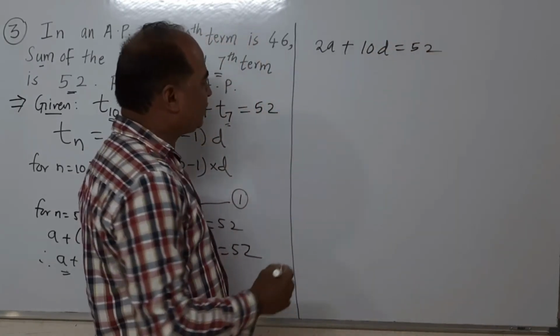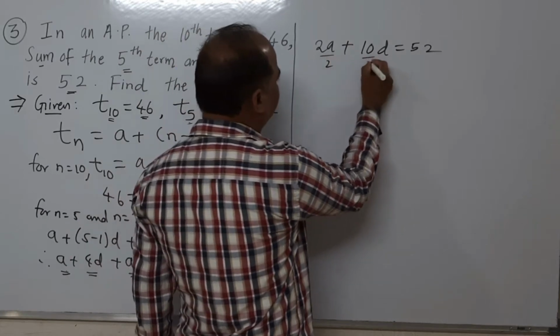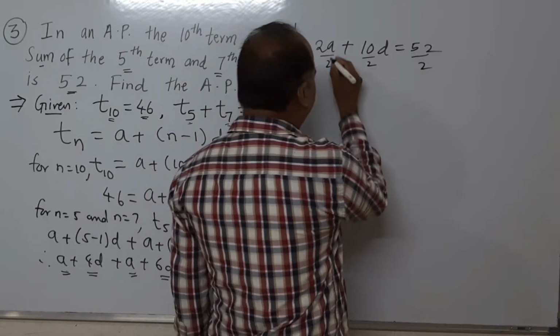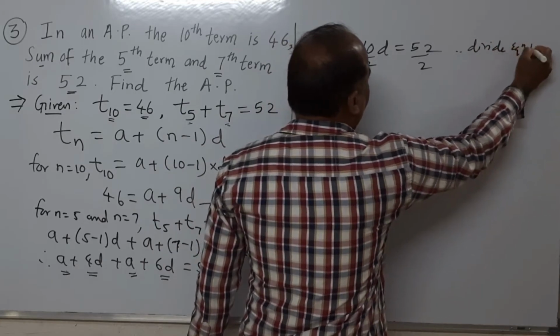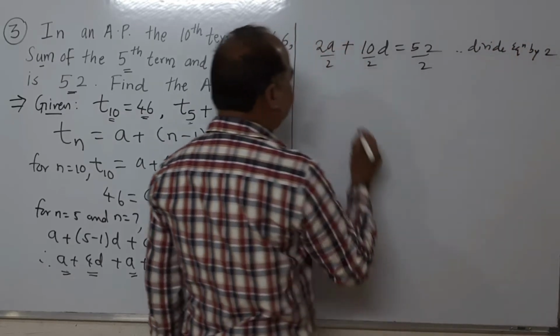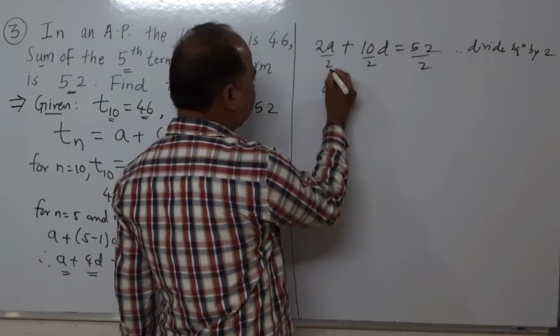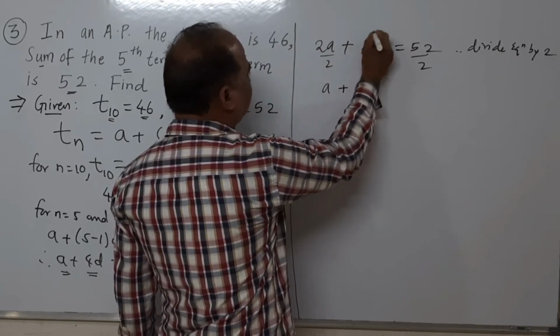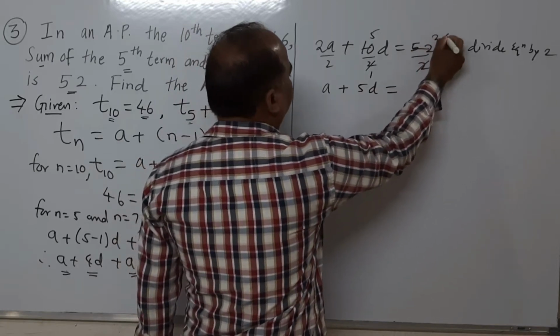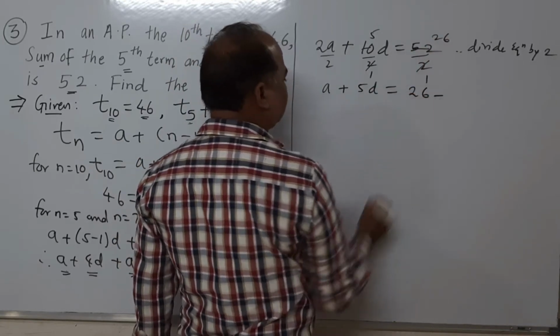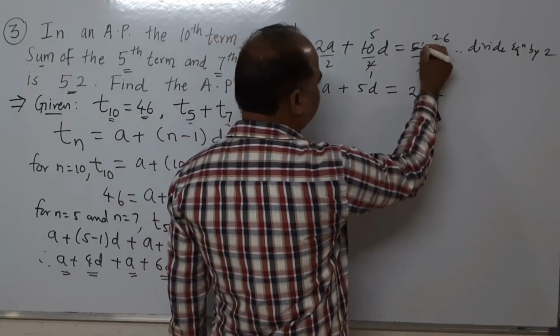Now dividing this equation throughout by 2, we get A plus, 2 1s are 2, 2 5s are 10, 5D is equal to, 2 2s are 4, 2 6s are 12, 26.